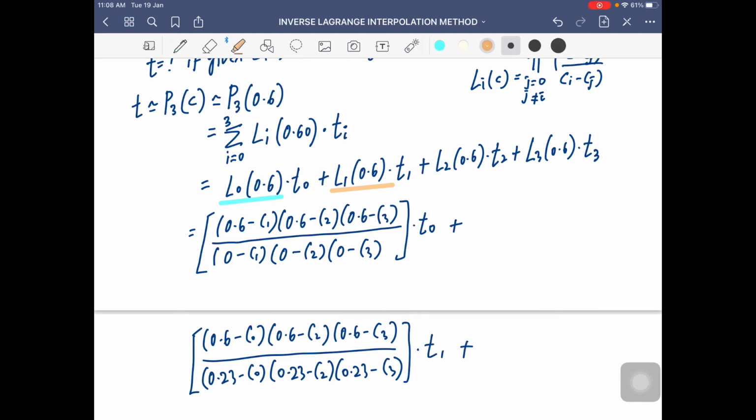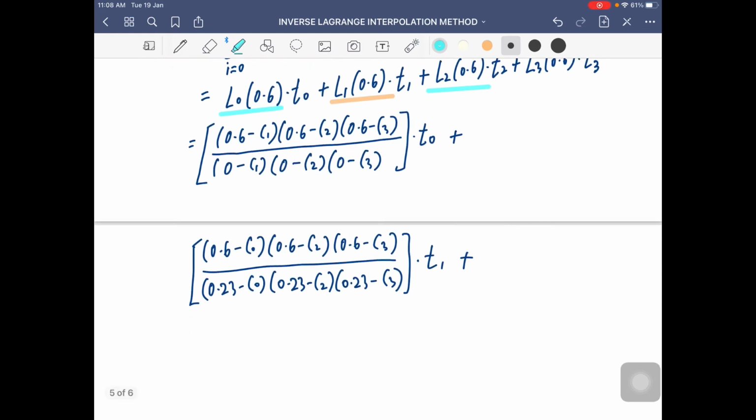Okay, so now I want to get my L2. Alright, so I put below here 0.6 minus C naught times 0.6 minus C1 times 0.6 minus C3.